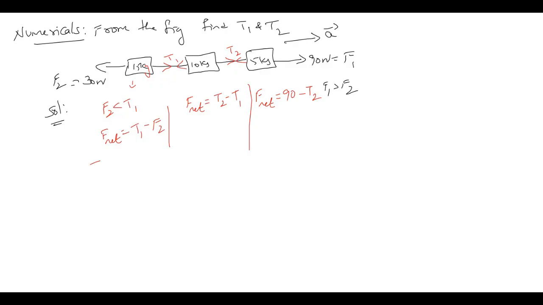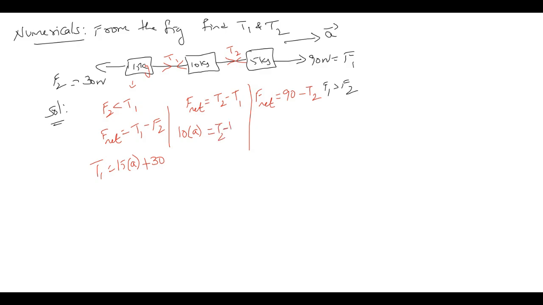So from this, T1 is equal to F net, which is nothing but 15 into A, plus F2. F2 value we know, F2 value is 30 Newton here. In this case, F net will become 10 into A, that is equal to T2 minus T1 value.